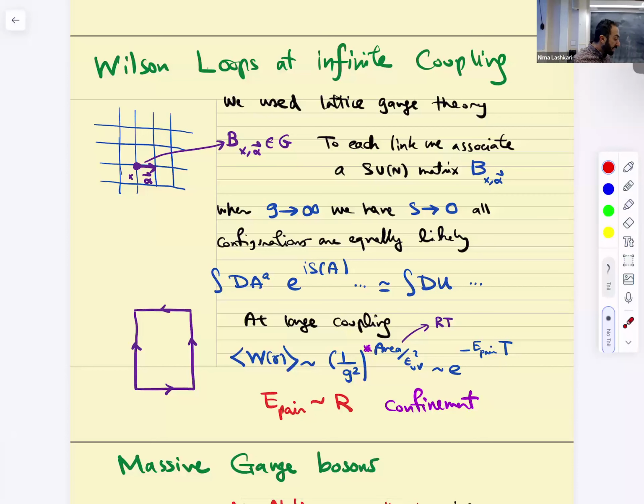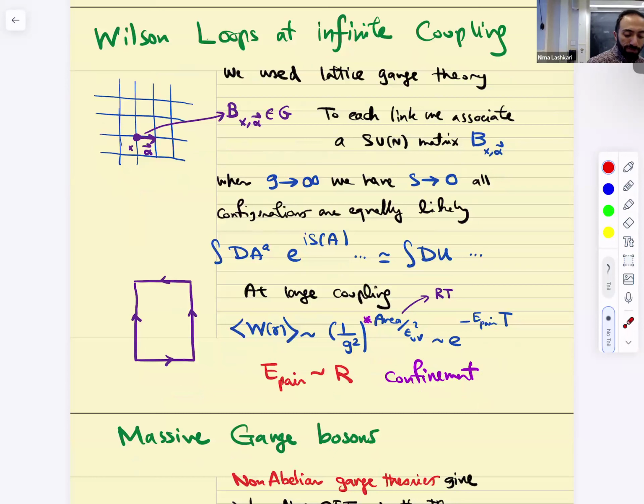Now, to understand how confinement comes about at infinite coupling in the IR, we can no longer use perturbation theory or the Gaussian framework. The only other approach we had was lattice gauge theory, where we have a lattice, and to each link we associate a matrix, and if it's an SU(N) gauge theory, an SU(N) matrix U, which we label by the beginning of the link and a vector alpha.